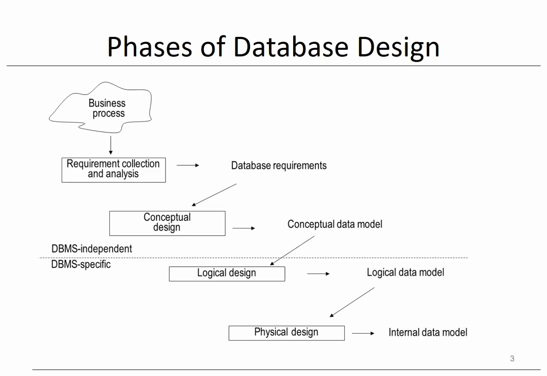Designing a database is a multi-step process as illustrated in this figure. It starts from a business process. As an example, think about a B2B procurement application, invoice handling process, logistics process, or salary administration. The first step is requirement collection and analysis, where the aim is to carefully understand the different steps and data needs of the process.